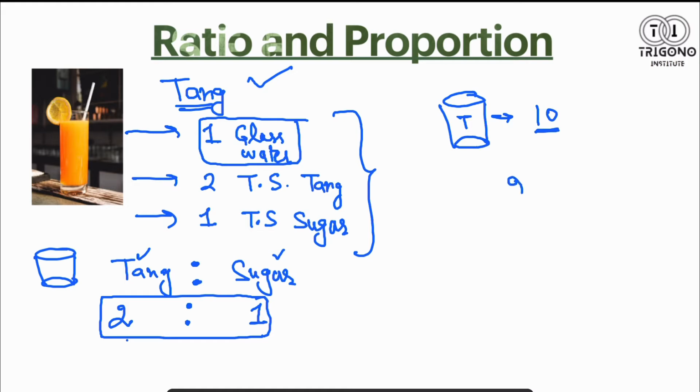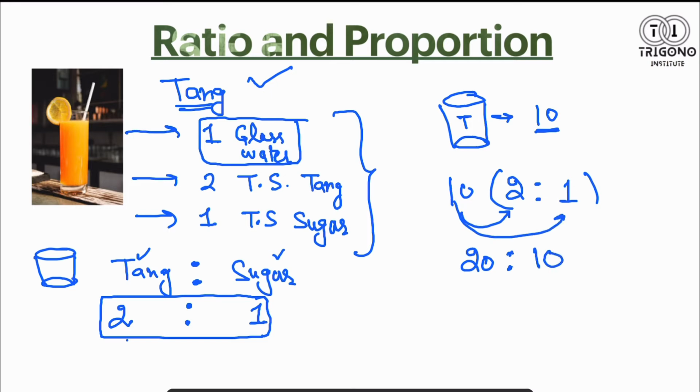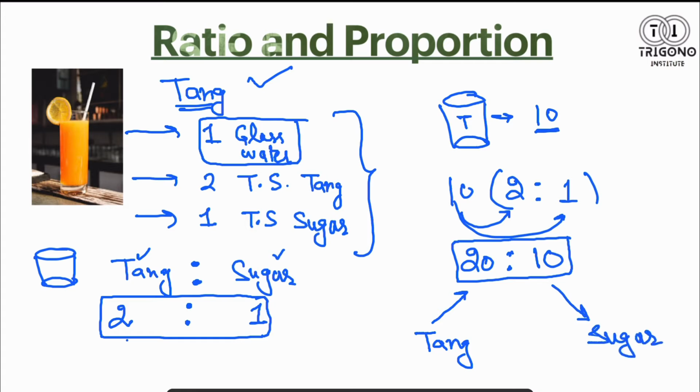I have 2 ratio 1 for one glass, so I am just going to multiply it with 10. 10 twos are 20, 10 times 1 is 10. So my ratio is 20 ratio 10. That means I am going to use 20 tablespoons of Tang and 10 tablespoons of sugar. So this is how we use the ratio for the ingredients of any recipe.